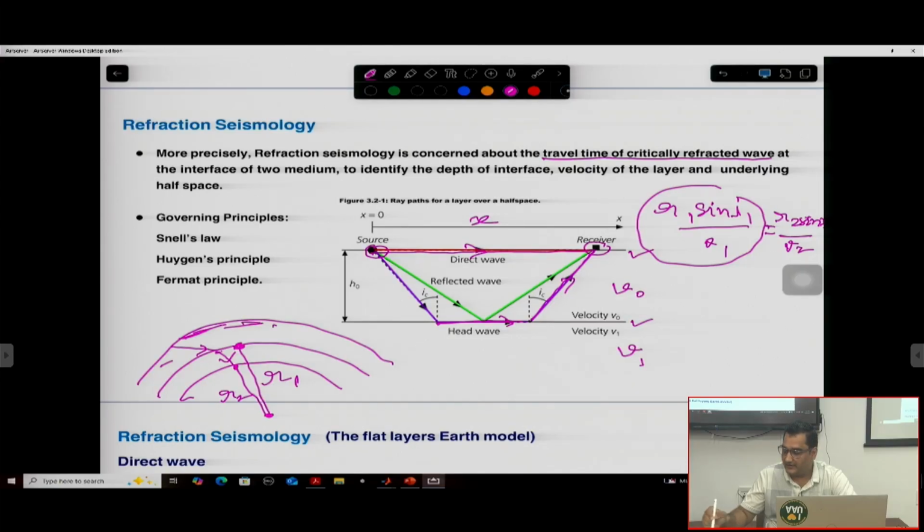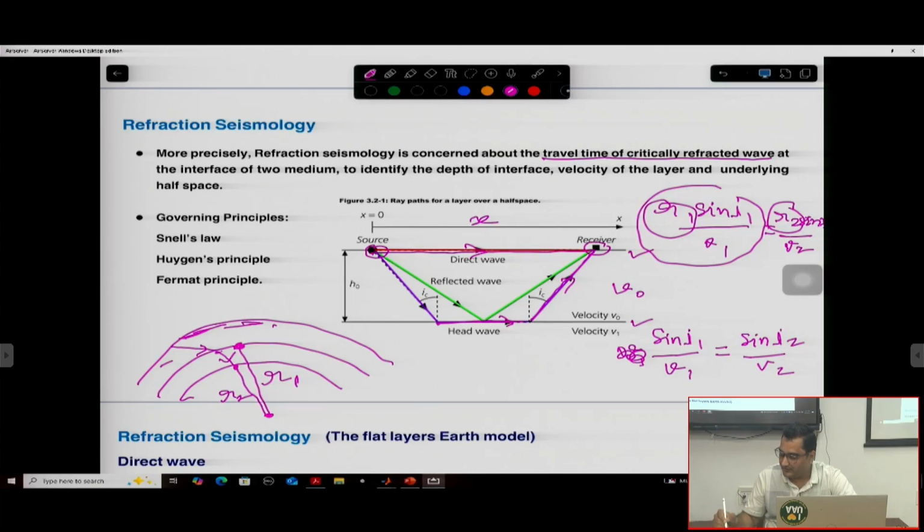In that case, R1 and R2 will become equal and cancel out, and for the flat earth, sin I1 by V1 will be equal to sin I2 by V2. This is the Snell's law that we are going to use.